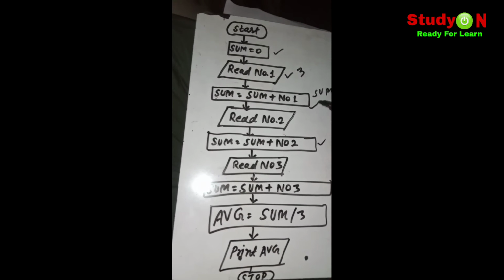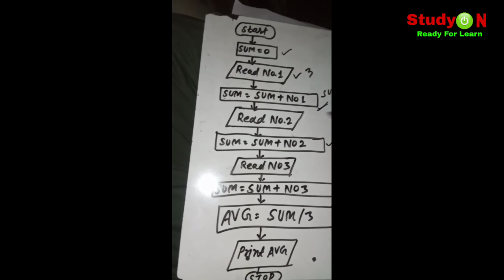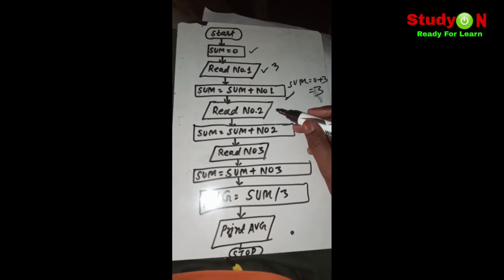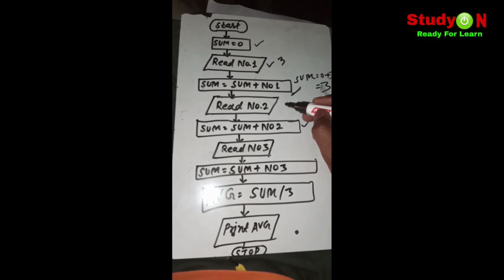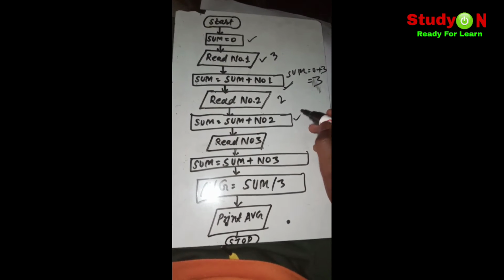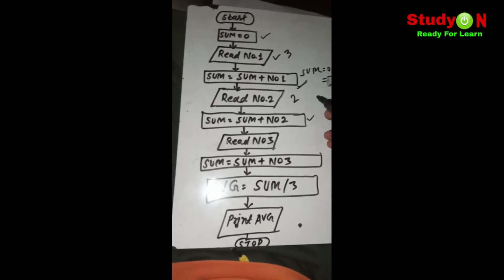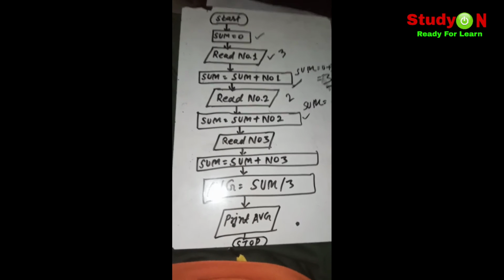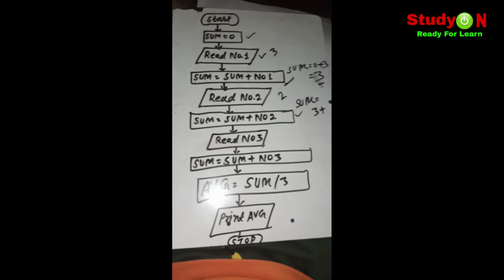At that position our sum equal to 3. Then we read number 2 and calculate the sum. We are taking number 2 as 2, and sum equal to sum plus number 2. Our sum is 3 plus 2 equal to 5.